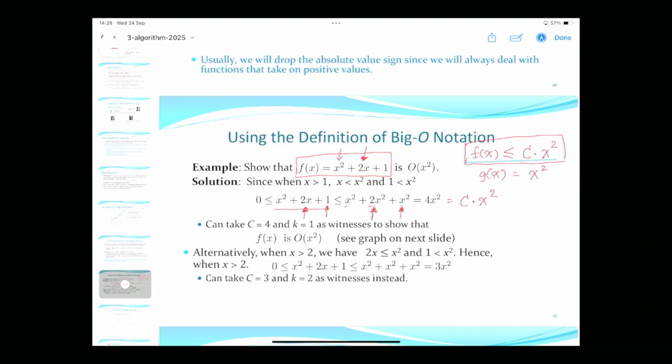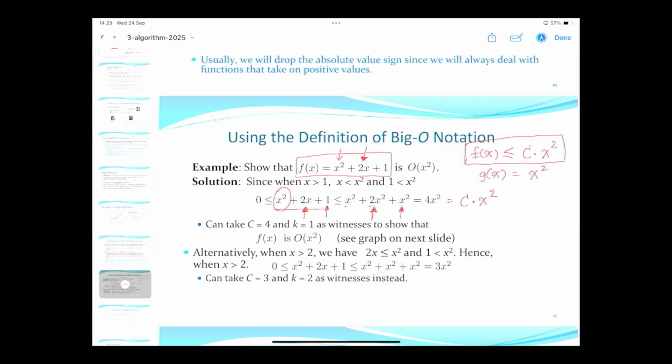Just focus on the largest term in the list first. When x is large, which term would be the largest? It's the term with the highest degree, which is x squared. That is how we simplify the function f(x) as a constant times the largest term in the function, that is x squared, and that is g(x).